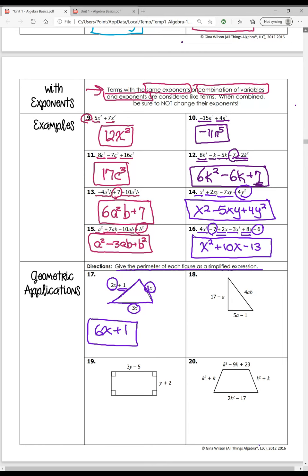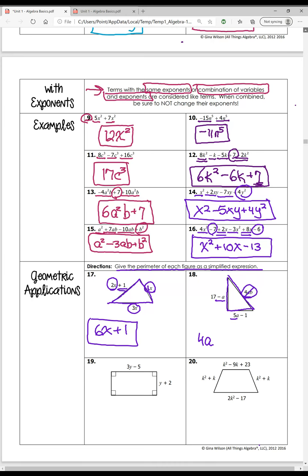Let's take a look at this right angle triangle. So we'll start with the a terms. We have 5 minus 1, there's an invisible 1, so that's 4a. And now we'll look at the ab term. All we have is this 4ab here, so we're done with that.